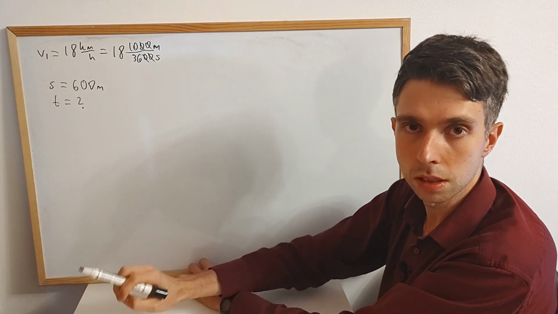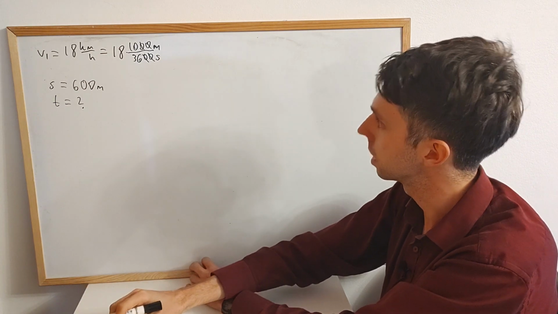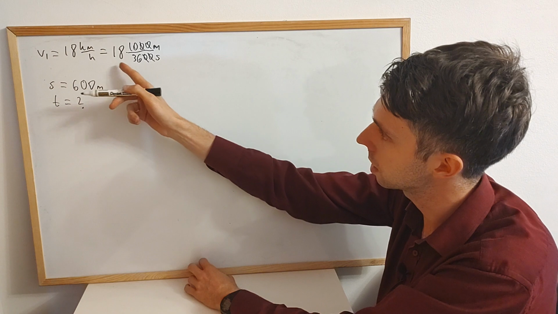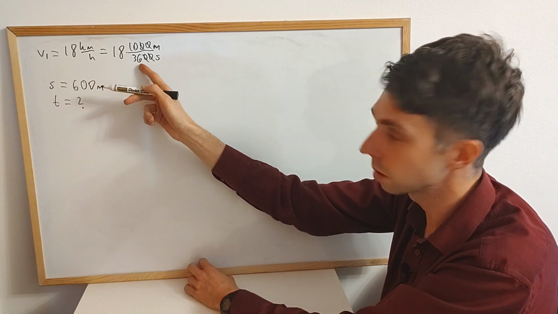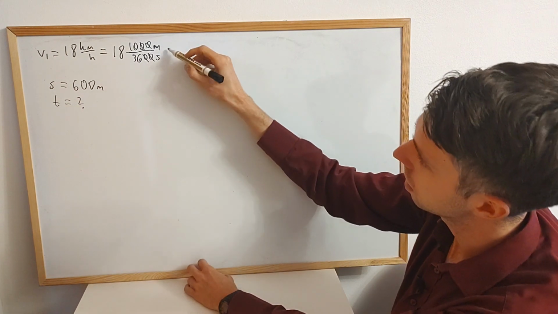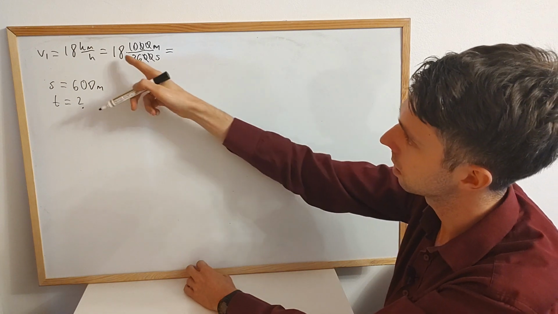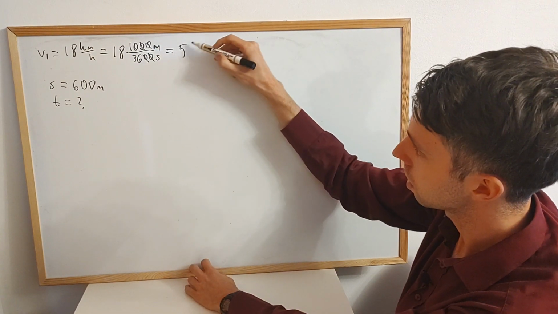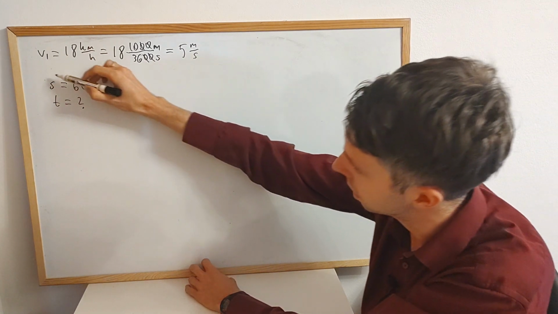I reduce this fraction, so I multiply like this, and also 18 reduces with 36, so eventually I get 10 divided by 2, so this is 5 meters per second.